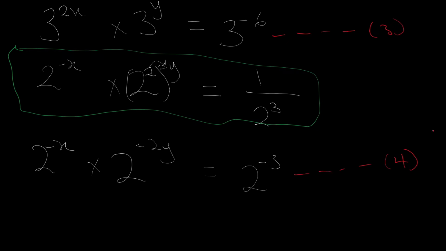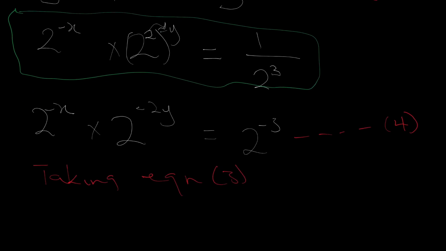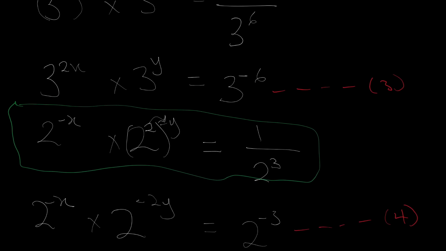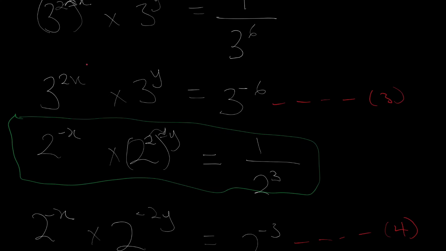Now we know that in indices, when the bases are the same, we add the exponents. So let's take equation 3. Looking at equation 3, the bases are the same, so we add the exponents, but then we keep one base.